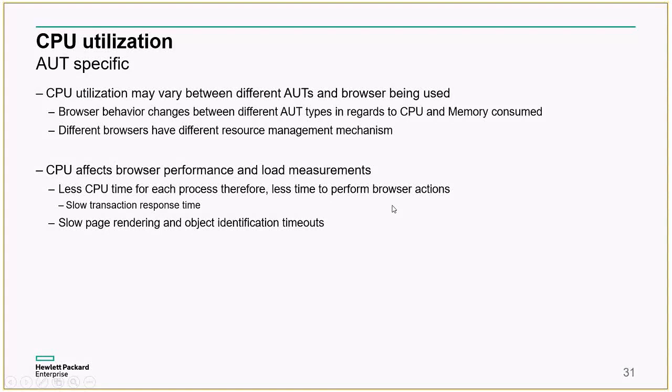So you might expect slow transaction response time, slow page rendering, and object identification timeouts. As long as you raise more browsers, that means each browser gets less CPU time. So it needs to be checked per AUT.